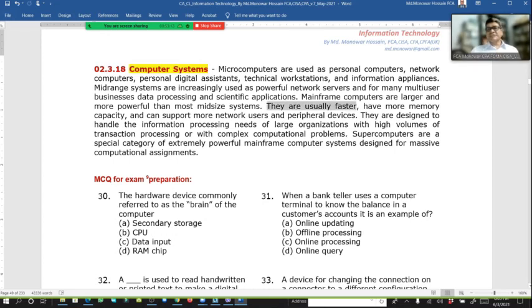They are usually faster, have more memory capacity, and can support more network users and devices, etc. And supercomputers are a special category of computer. So this is the computer hardware we are describing here.